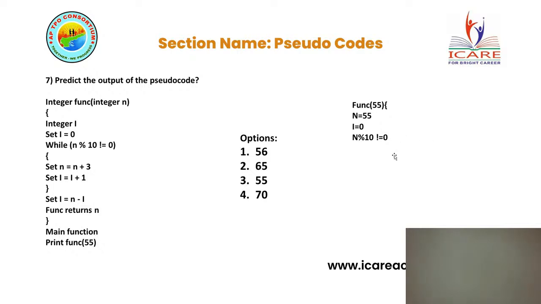After entering the while loop, set n equal to n plus 3. Previously n was 55, so 55 plus 3 is 58. We are updating n to 58. Set I equal to I plus 1. Previously I was 0, so I plus 1 becomes 1.